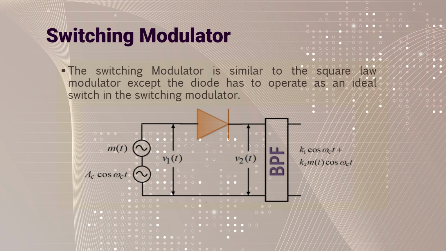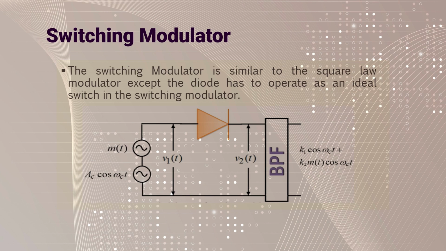In this circuit, we have two input signals. One is the message signal or modulating signal, which is represented by m(t), and the other is the carrier signal, which is denoted by Ac cos omega c t, where omega c is the angular frequency, which is equal to 2 pi fc, where fc represents the carrier frequency in hertz.